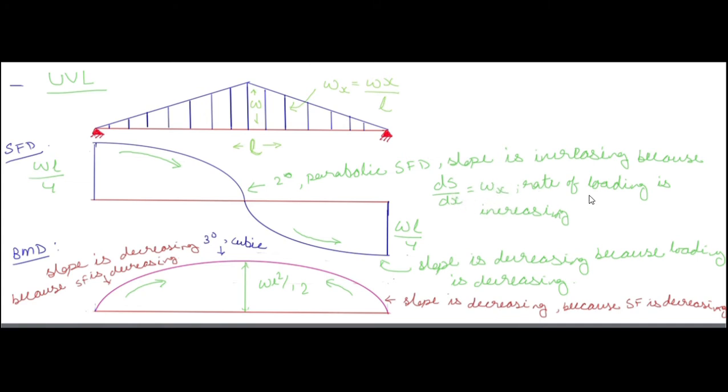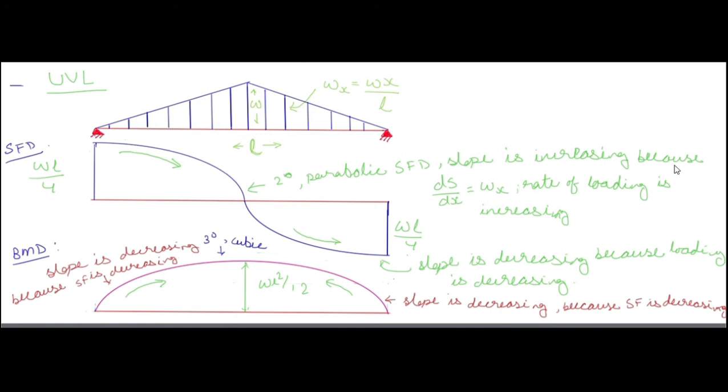This is the rate of loading. Now this is increasing, as you can see in the UVL also, that loading is increasing. The uniform varying load is increasing, that's why the slope is increasing.